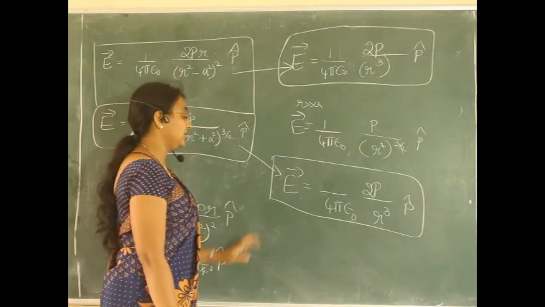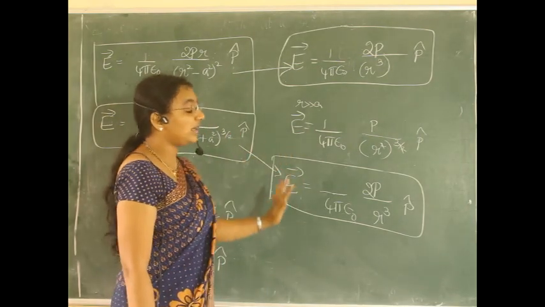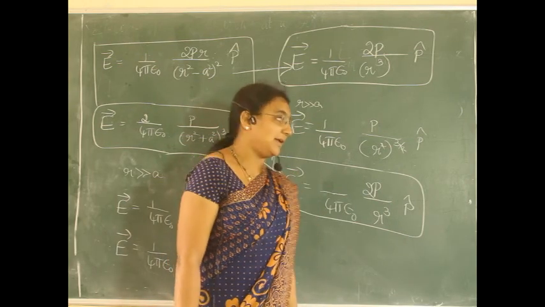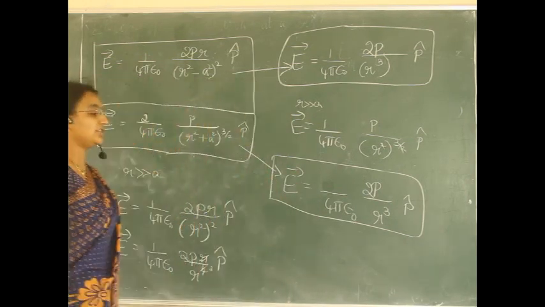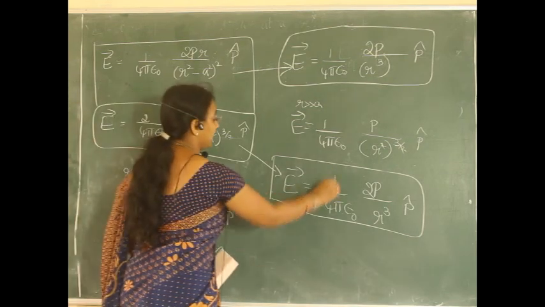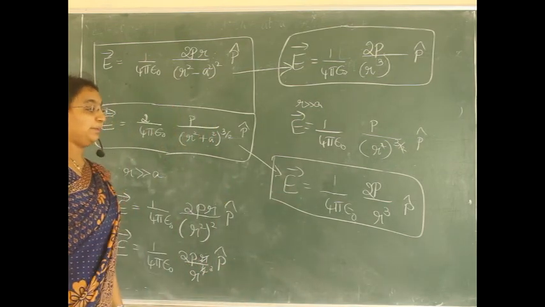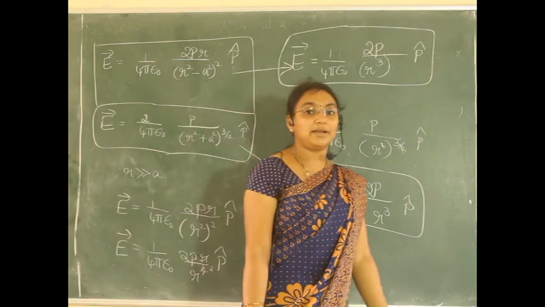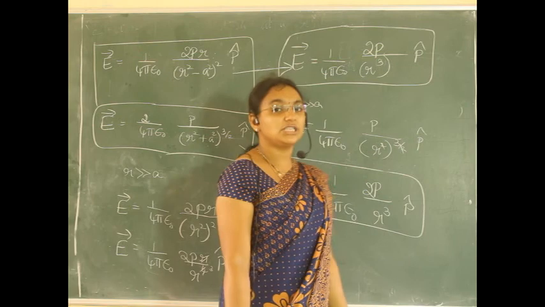Then the expression along the equatorial or the axial line is one and the same, no changes. Therefore E vector is equal to 1 by 4 pi epsilon naught, 2p by R cube. Everywhere, epsilon naught is nothing but the permittivity of free space.